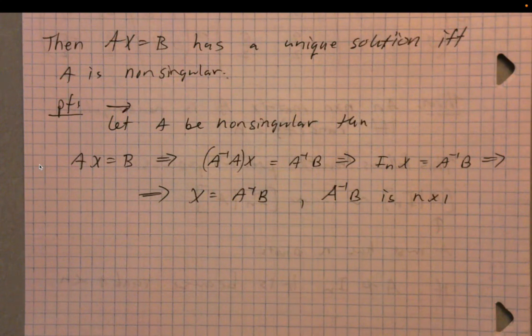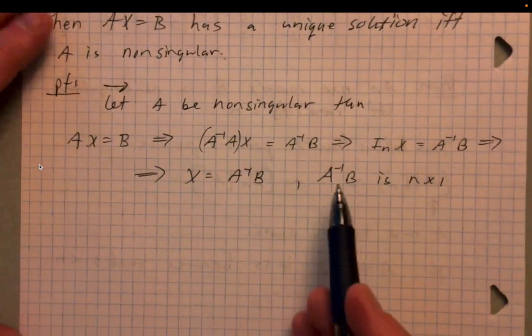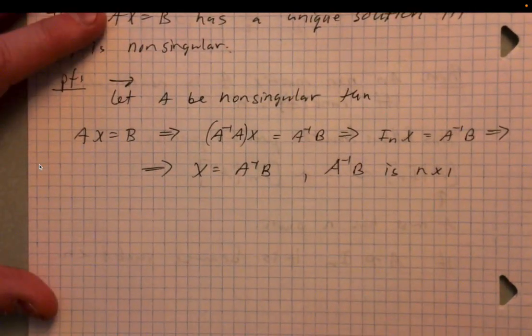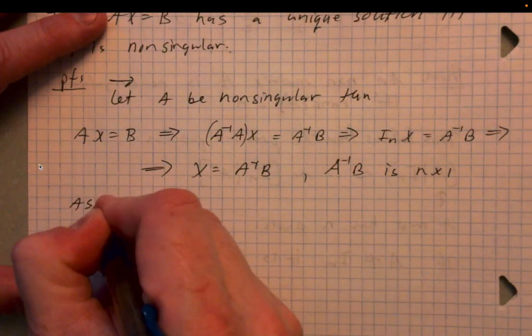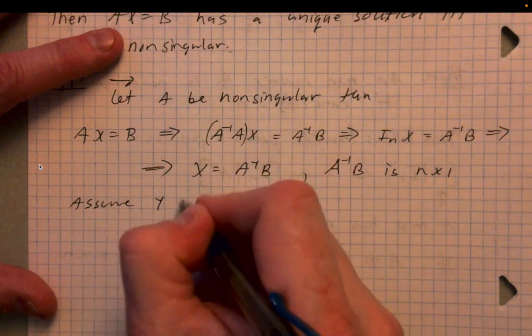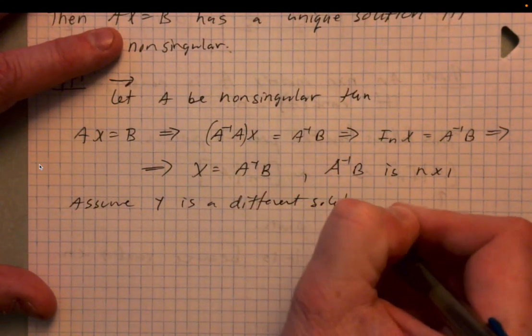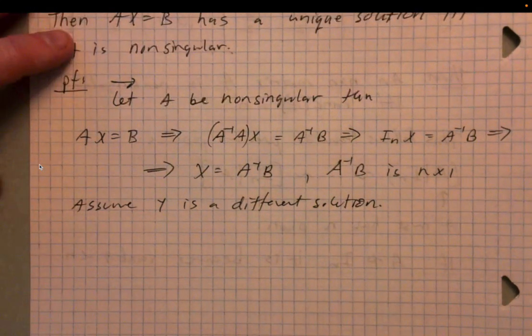Now, how do we know this is a unique solution? Well, it's kind of obvious, but let's make it really obvious. Assume y is a different solution.